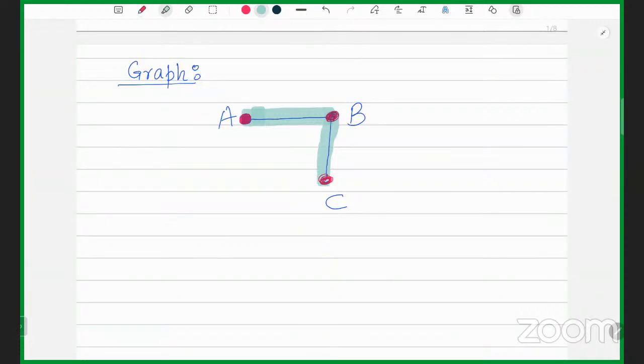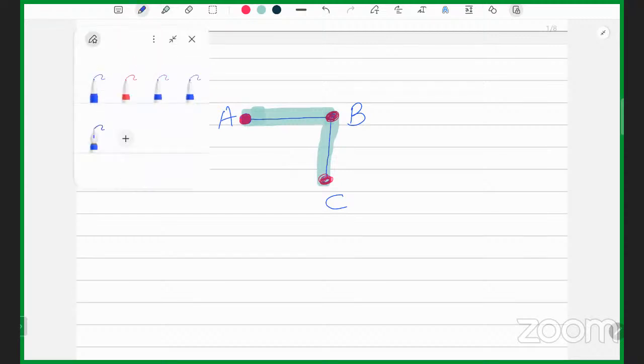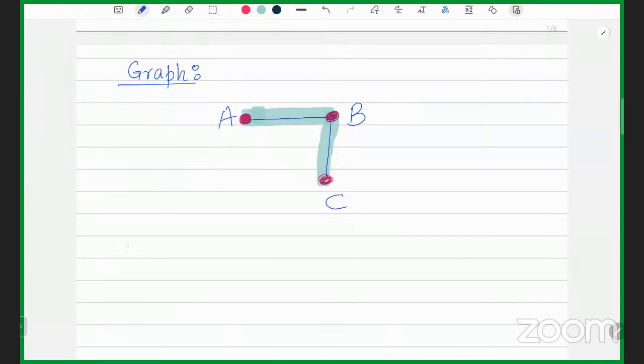Then what I have effectively done is I have defined for myself a graph, which means a graph G is a collection of two things, V(G), which we call the vertices of the graph, and E(G), called the edges of the graph. So the vertices are these red ones which we have drawn above, and edges are the lines which we have drawn between these vertices.